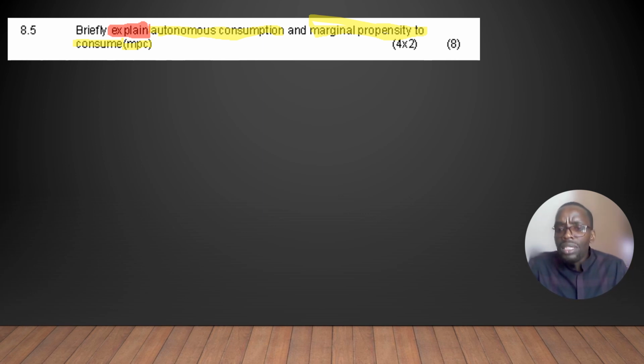In other words, we are saying our marginal propensity to consume is the system that we are using to be able to qualify our induced consumption, because this is the portion of income that is going to be used on demanding goods and services. So it qualifies our induced consumption. Which would now mean that if there is an increase in personal consumption or personal spending, this will be as a result of an increase in the disposable income.